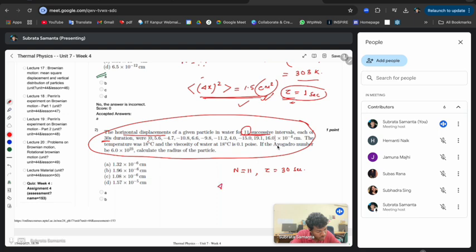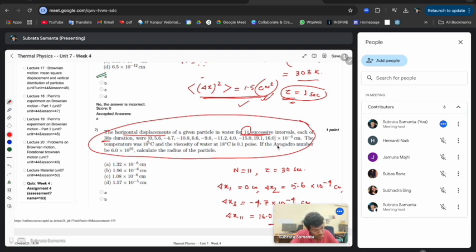So delta x1 is 0, delta x2 is 5.6, delta x3 is minus 4.7, and so on, and the last one, delta x11, is 16.0 times 10 to the power minus 4 centimeter.